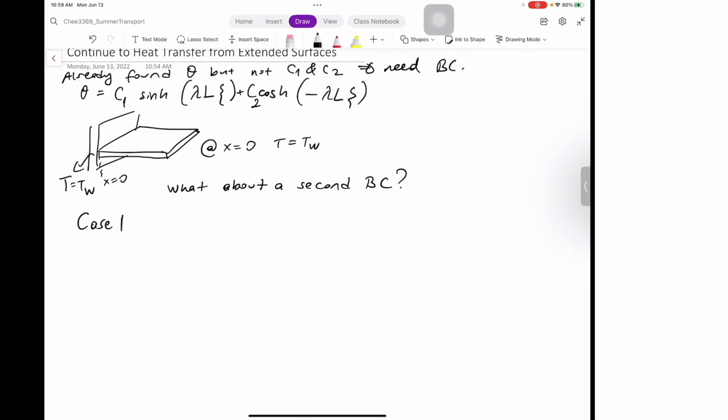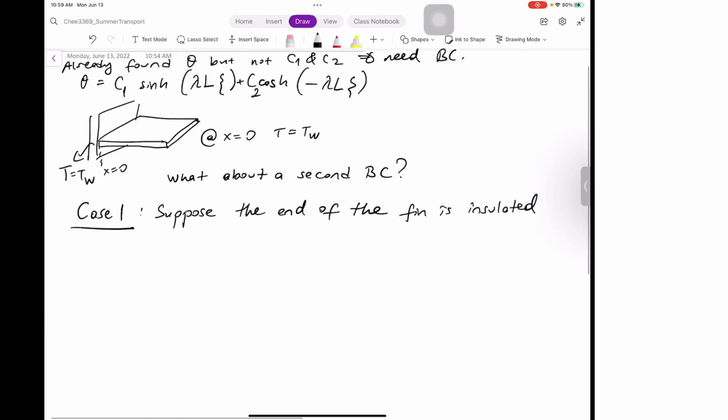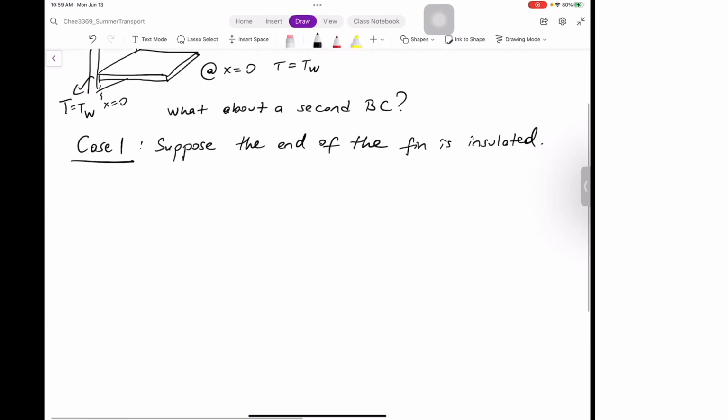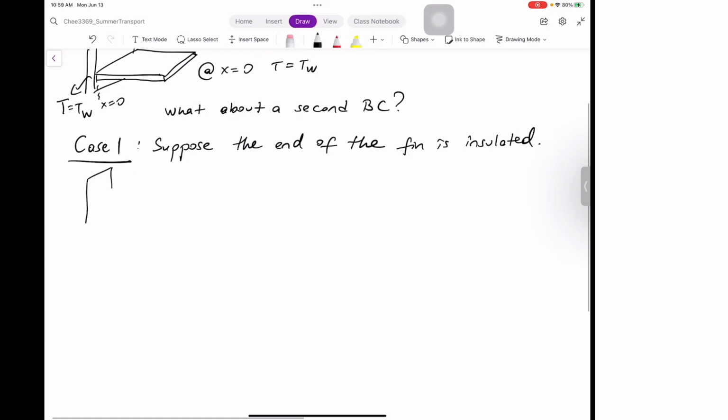Case 1, let's imagine that, suppose the end of the fin is insulated. What does it mean? I have insulation here.